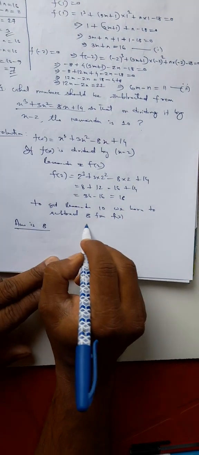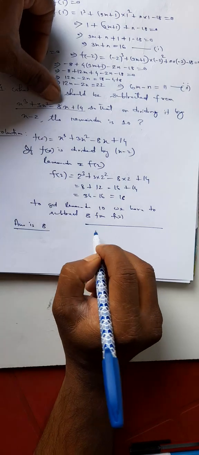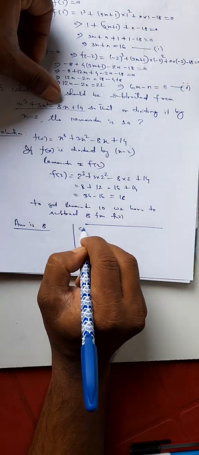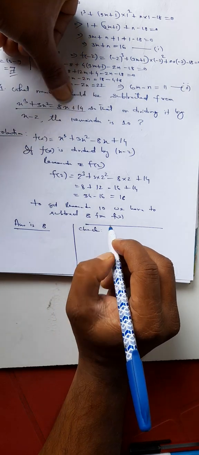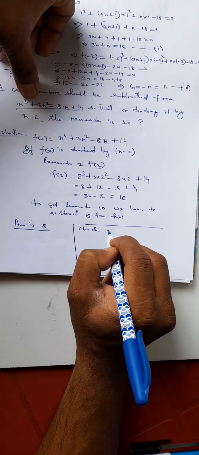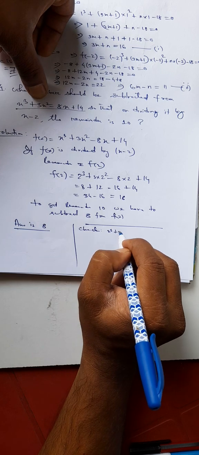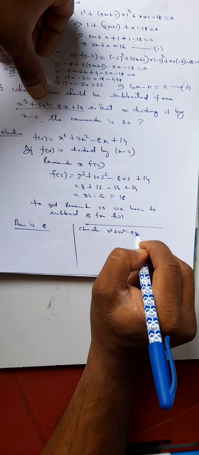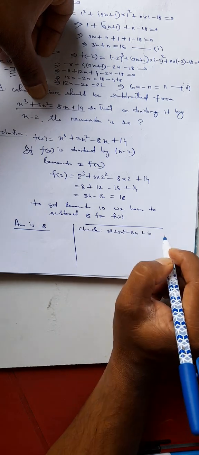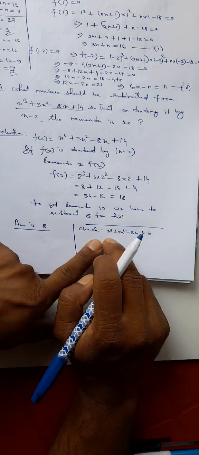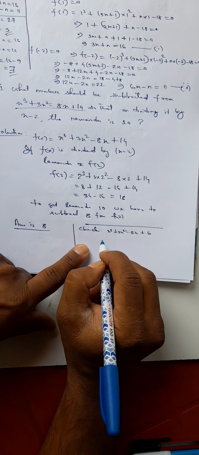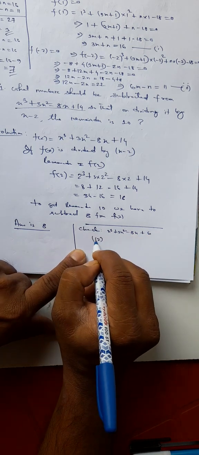Right? If you subtract 8 from this polynomial, let's check. Then the new polynomial will be x cube plus 3x square minus 8x plus 6. Now what will be f of 2?